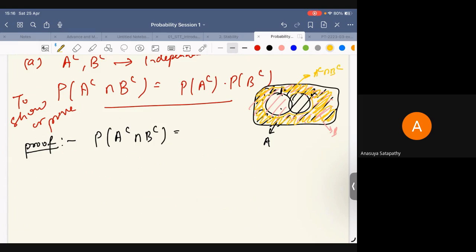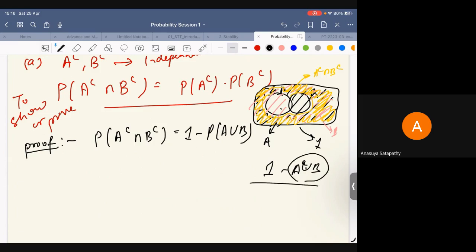Can I write this as 1 minus probability of A union B? I just subtract from the whole, since the probability of the whole system is 1. So 1 minus A union B, right? Can I write it like this? Yes.